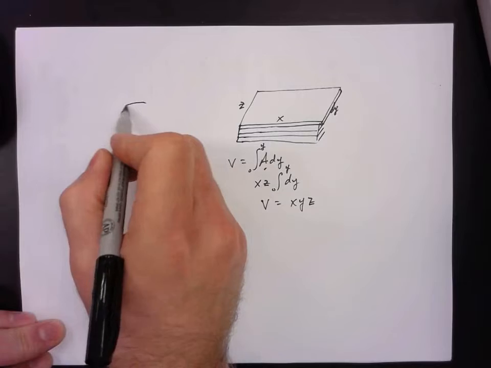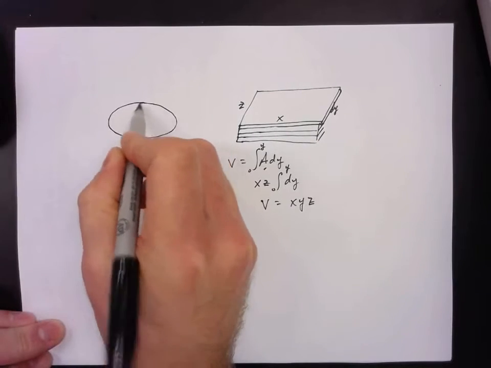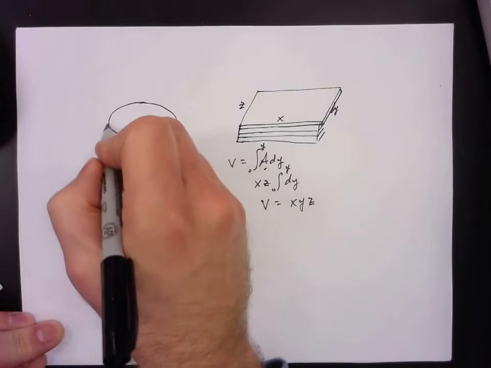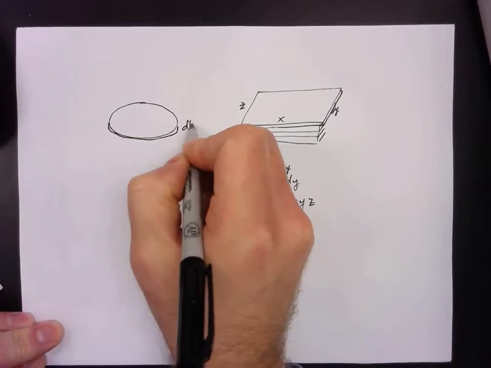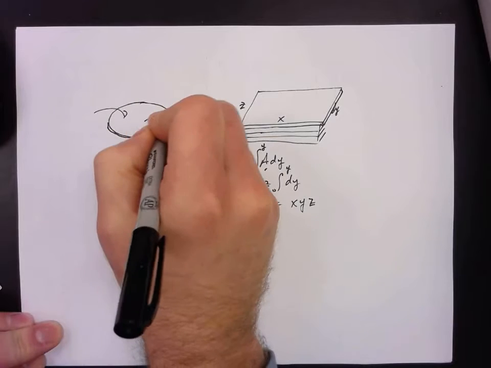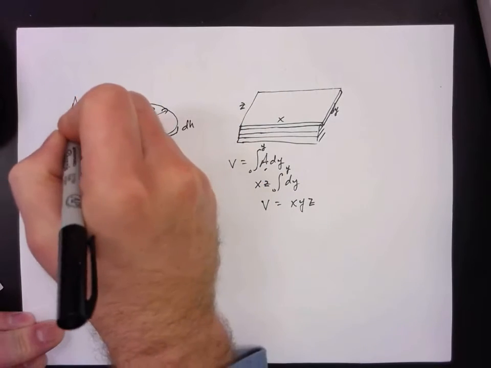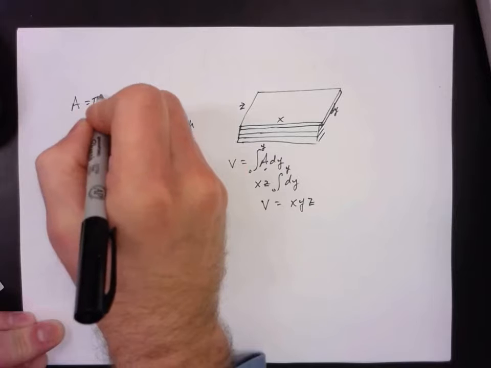Since you probably couldn't see that, let's look at a circular sheet that has height dh. The area of that is pi r squared.